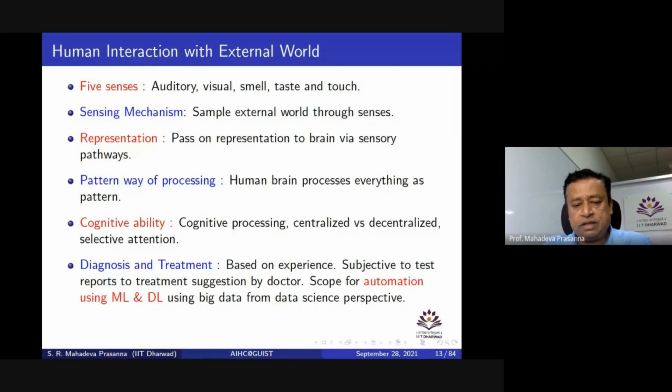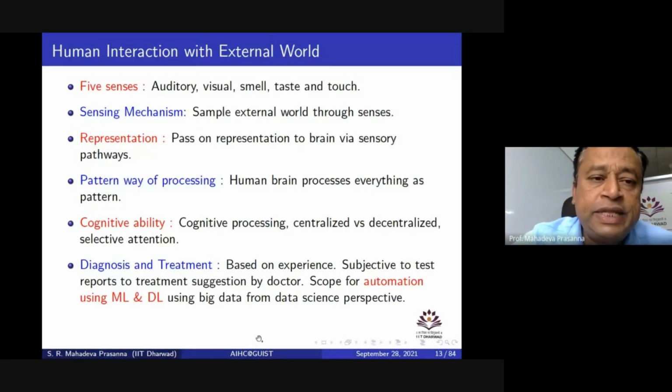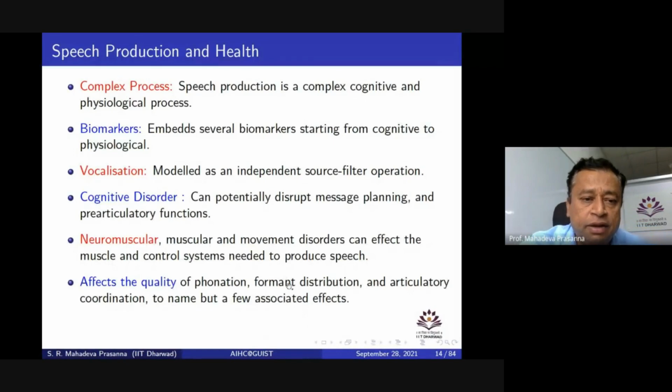Along with that, these ML and DL models also will provide some additional information which may not be directly obvious in the raw data. So this is the significance of that.